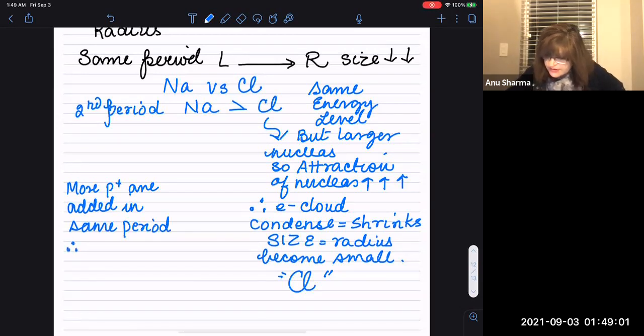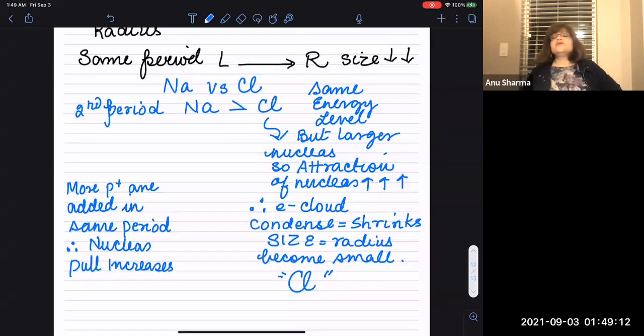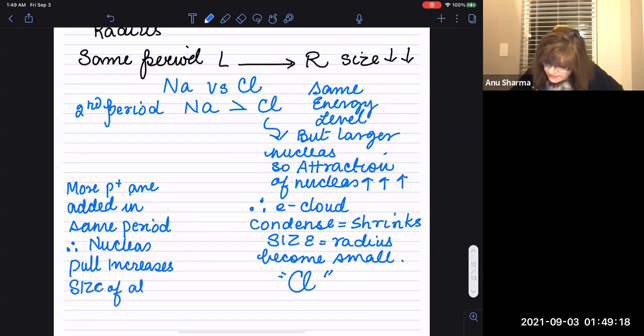Therefore the nuclear pull is always going to increase, and when the nuclear pull increases, the size decreases. The radial size of the atom decreases.